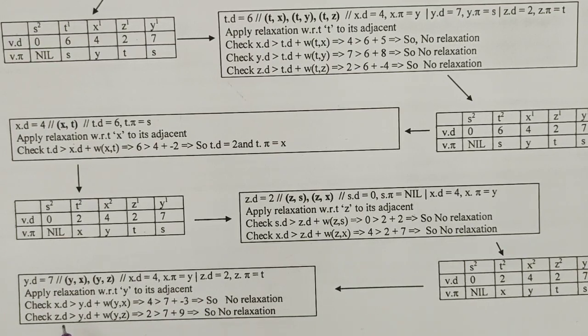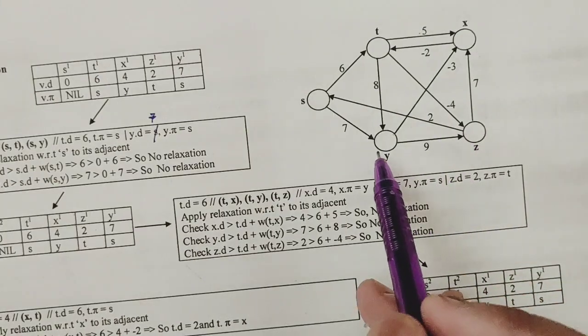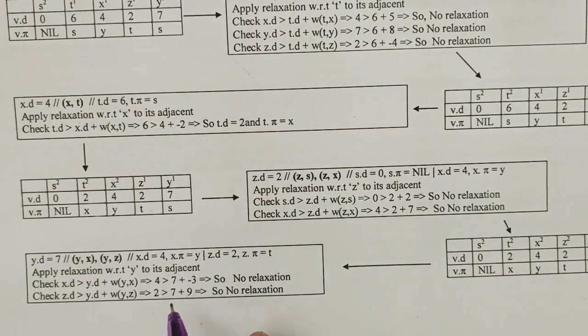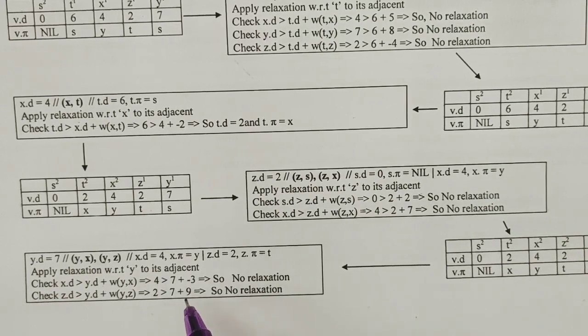And similarly z dot d is 2 greater than y dot d is 7 plus w of y to z is 9 units, not possible at all. So 2 greater than 7 plus 9 is 16, so 2 greater than 16 is false, so no relaxation.